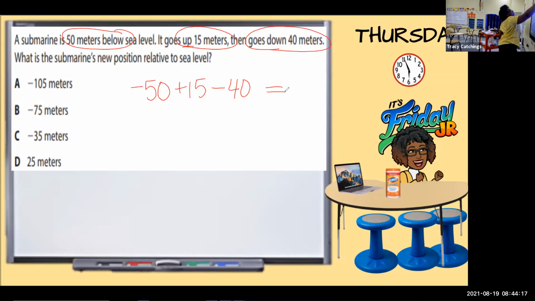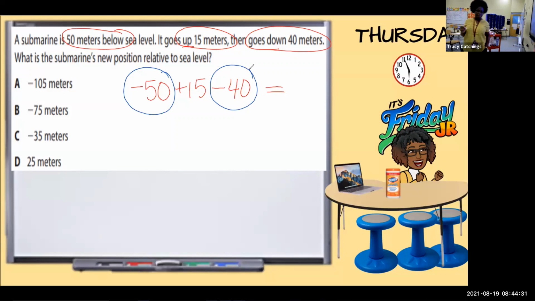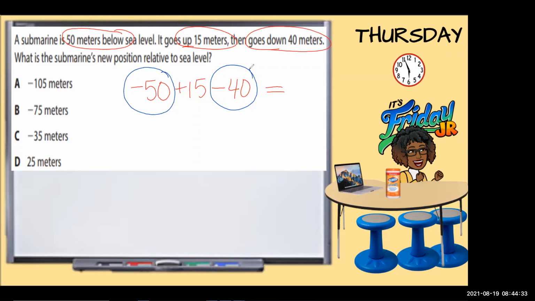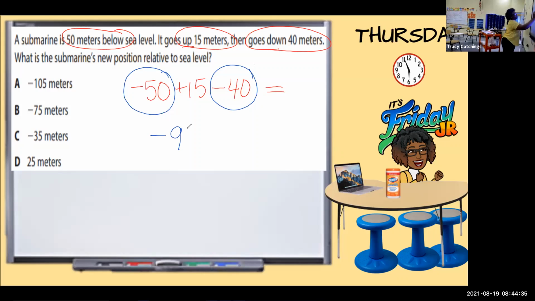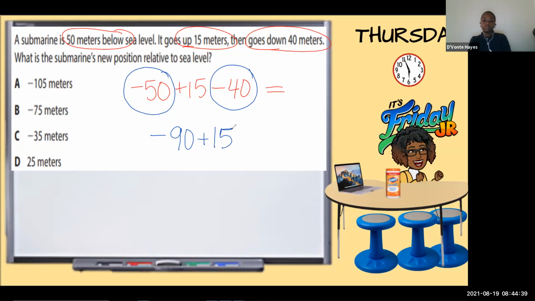All right, one easy way that may help you while you're working it out is to group those numbers that are the same. Like -50 and -40. What is 50 plus 40? 90. Good job. So that would be now -90 plus 15. Then I ask myself, do they have the same signs or different signs? Different.